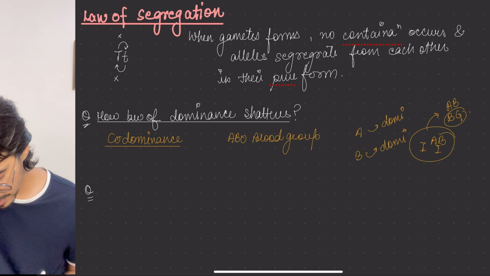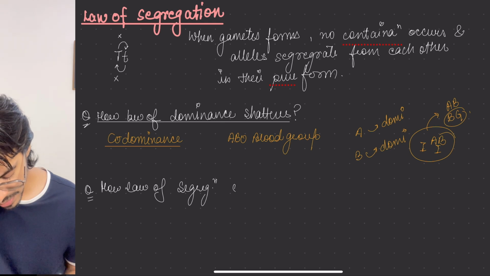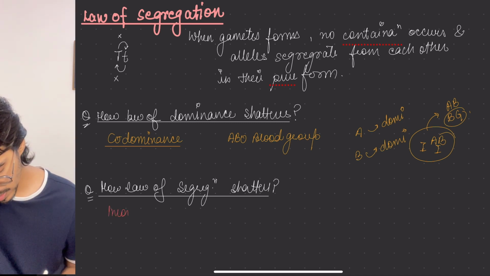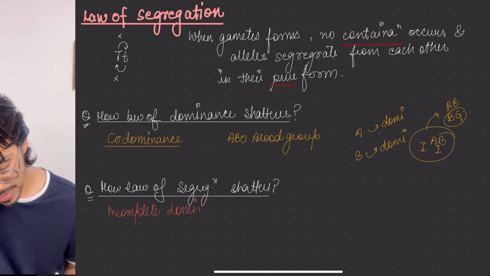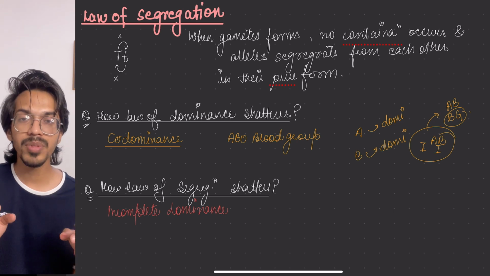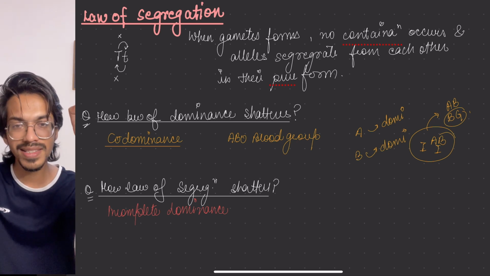Coming up to the main thing, how the law of segregation shatters. For this, we have to remember the concept of incomplete dominance. Now, incomplete dominance, what happened? If you remember, there is snapdragon, which is the Antirrhinum species plant, where red is the dominant character and white is the recessive character.